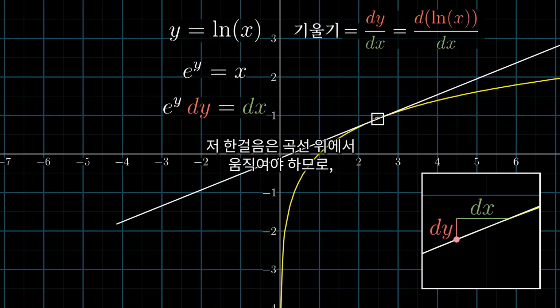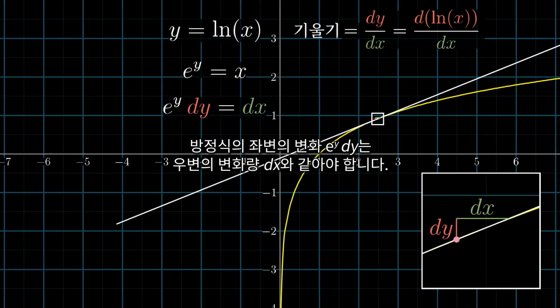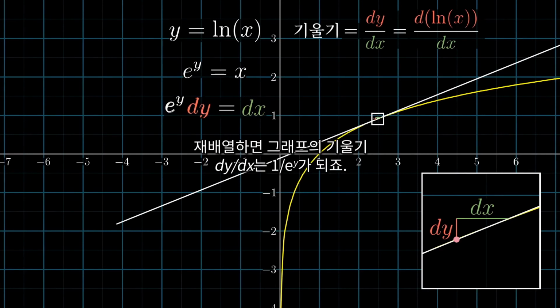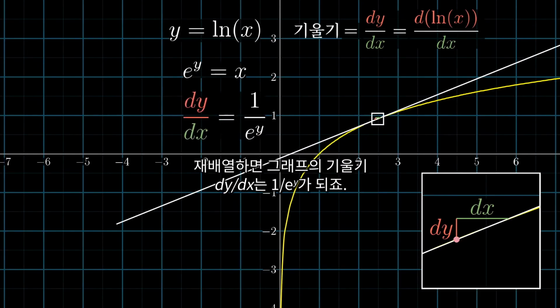To ensure that a step stays on the curve, the change to this left side of the equation, which is e to the y times dy, must equal the change to the right side, which in this case is just dx.